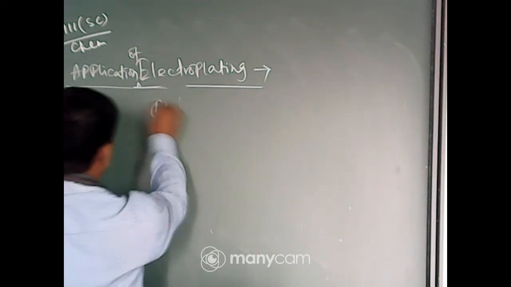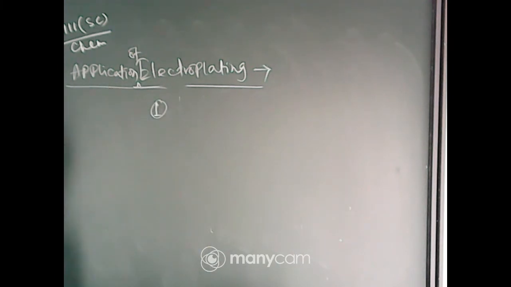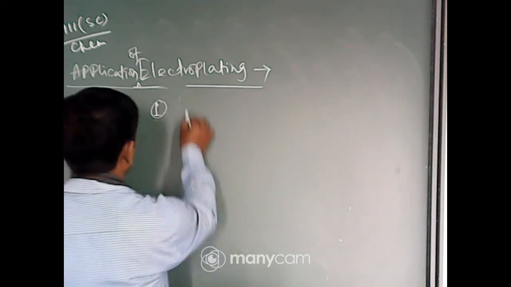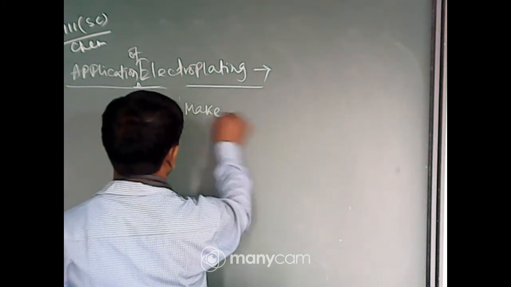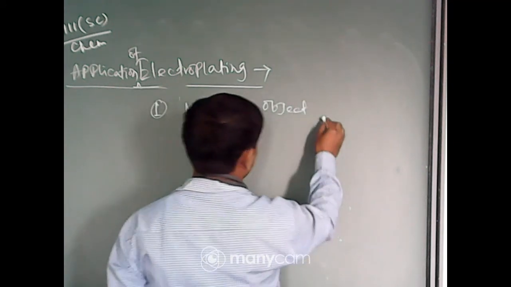Okay, we will write it as points. Number one, make the objects shiny.